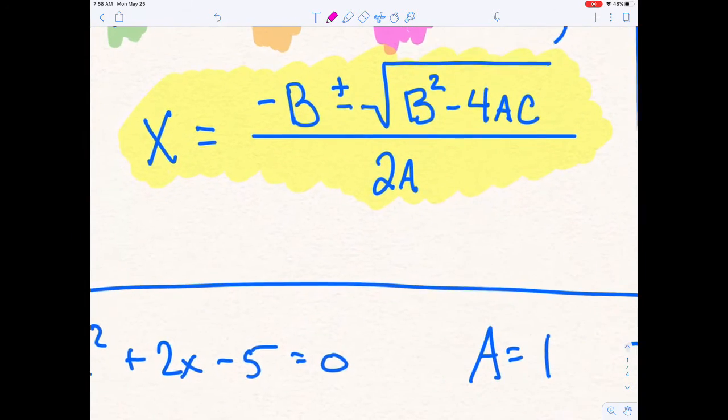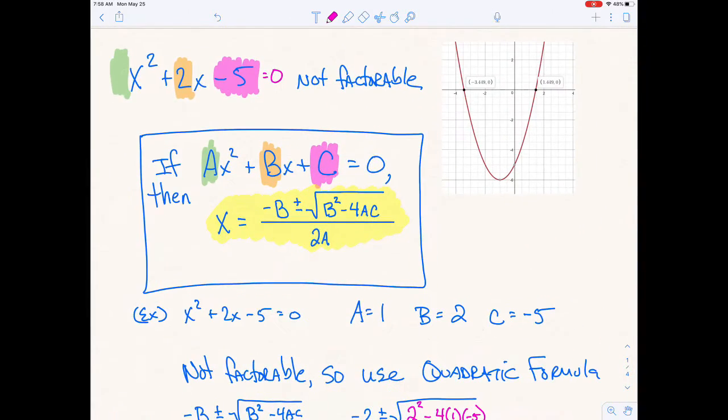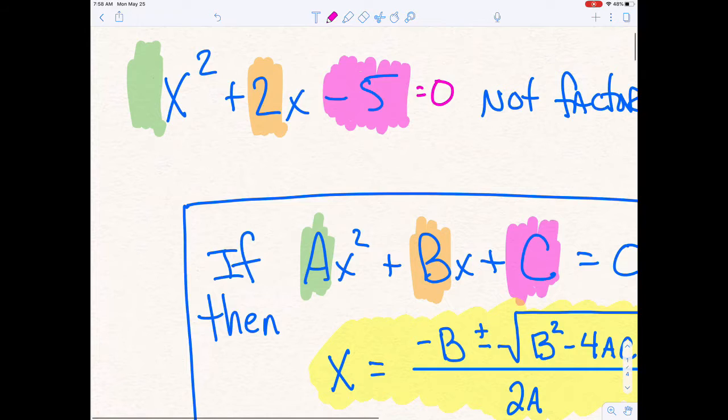And while our initial impression might be that this looks the most difficult of the bunch, many students prefer the quadratic formula because it always works and it always provides all of the answers that exist. So let's go ahead and check out how this works. The first and most important thing is that we identify in the quadratic formula what the a value is. In this case, a is 1 because the coefficient in front of the x squared term is 1, right?